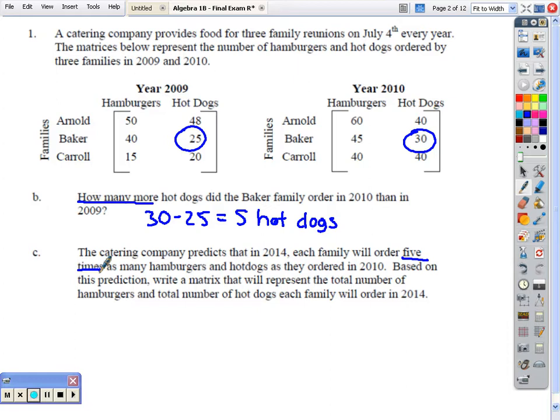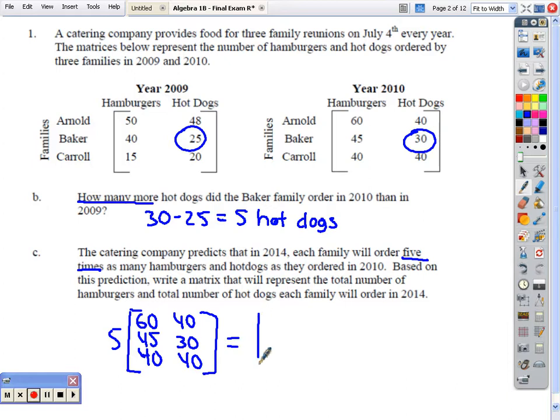So what we're actually going to do is multiply the entire 2010 matrix by 5. So it's going to look like this. Okay, and we're just going to multiply each of the numbers by 5 to get our final answer.